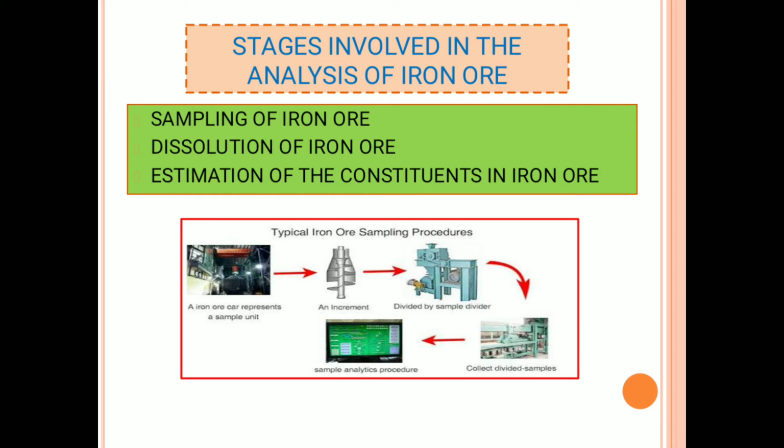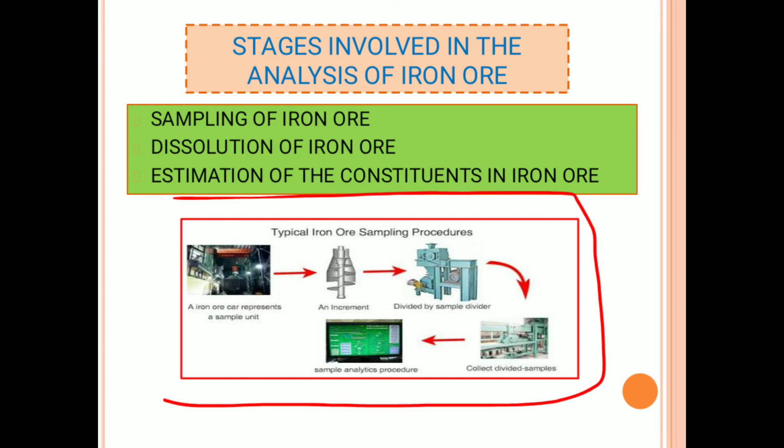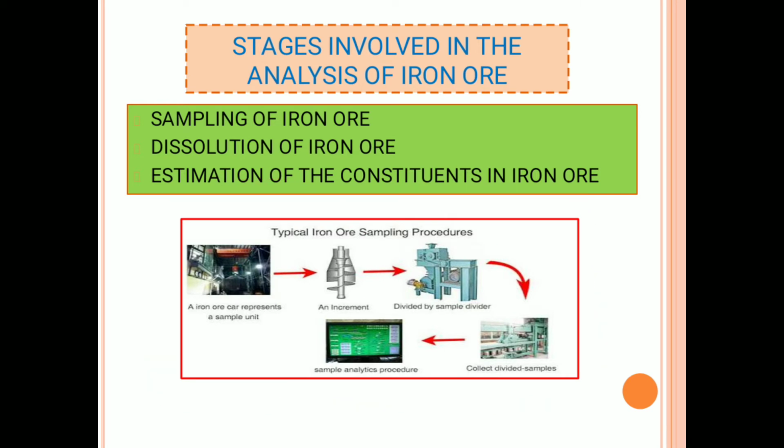In this picture, you can observe the iron ore sampling process. After taking the iron ore from the mine or quarry by using an instrument like this, you need to divide the sample by using this sample divider.